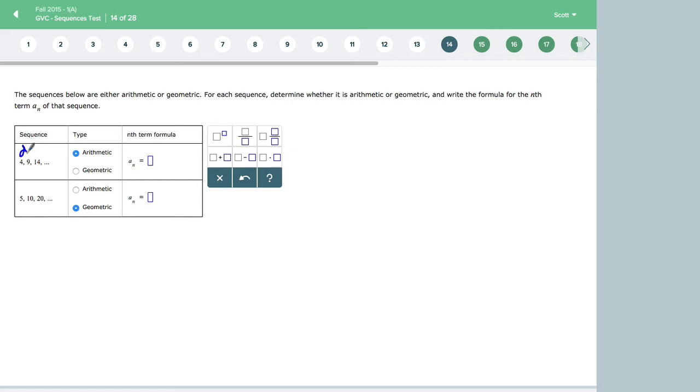So my difference is 5, and my ratio is 2. So now we're going to do the nth term. Now the nth term is the explicit formula. Okay, so when you're looking for the nth term, it's the same thing as the explicit formula.